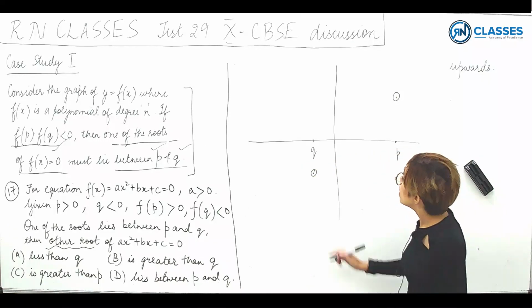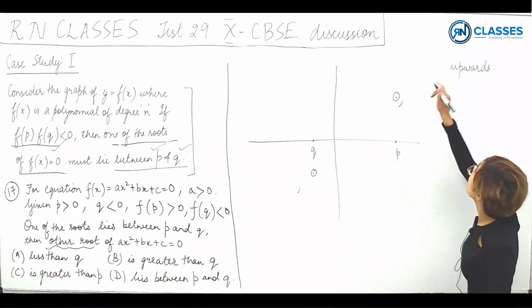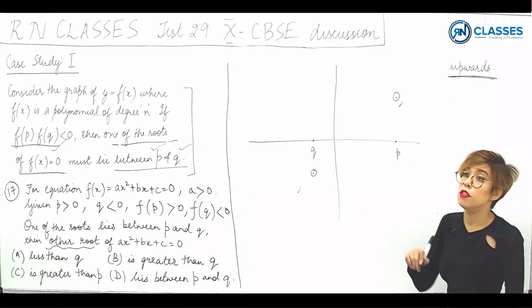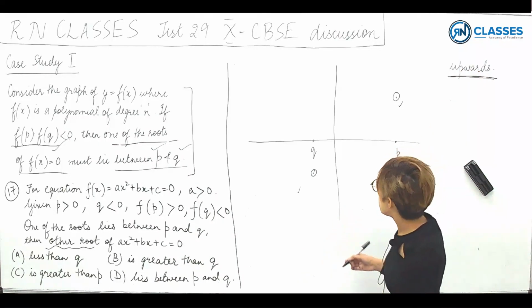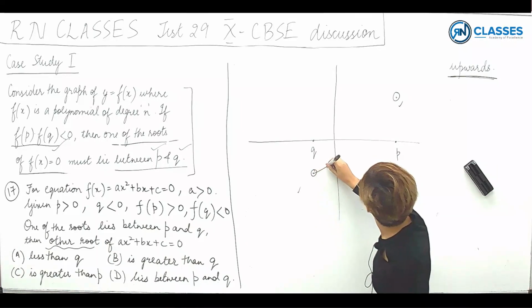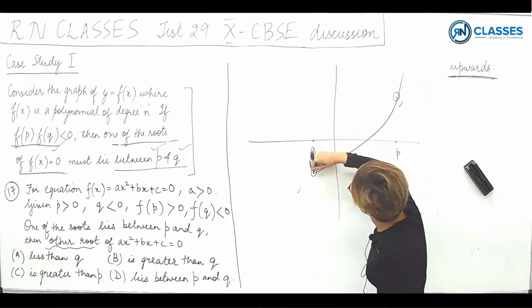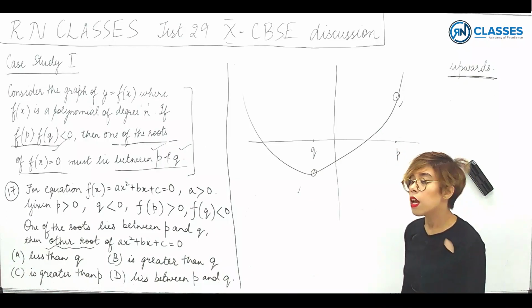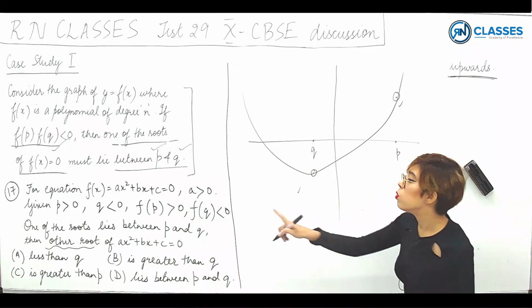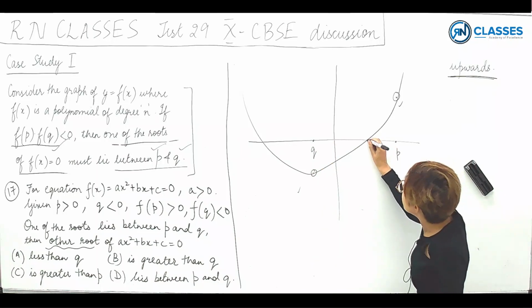Right? Now, this is my point. These two are my points, and parabola opening upwards. So how I can draw the parabola? Let's see. Now, maybe my parabola is something like this. Right? Maybe it looks something like this. Now, I don't need to talk about the root which lies between P and Q. I don't need to talk about this.